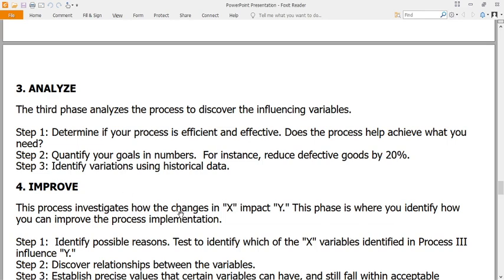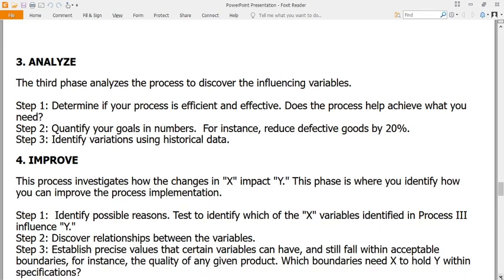So after you've done that, you improve. So here you look at how the changes in your solutions will impact the ultimate goal. This is where you identify how you can improve the process of implementation.